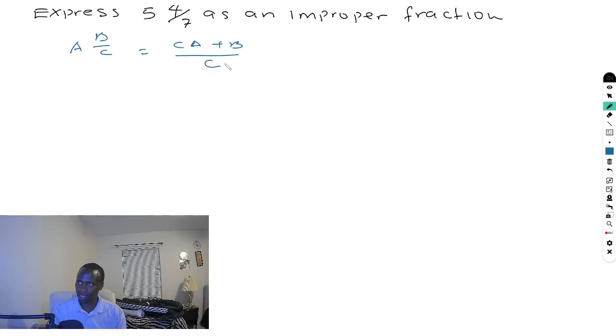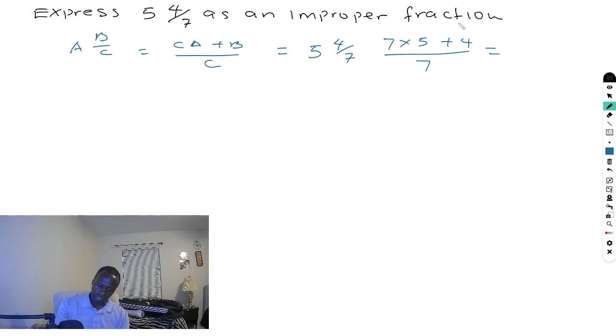In this case, a is 5, b is 4 and c is 7. That means 7 times 5 plus 4, over 7. 7 times 5 is 35, plus 4 is 39 over 7.